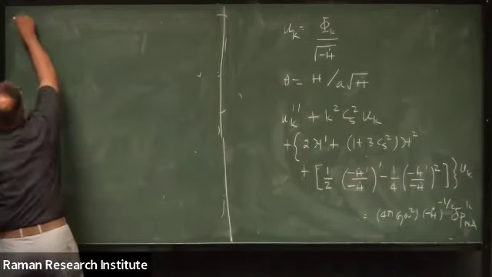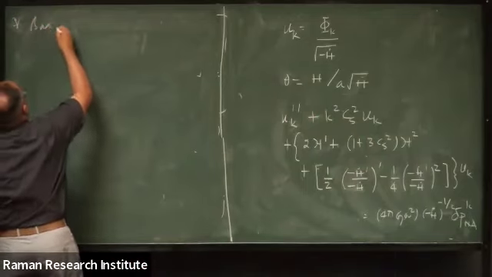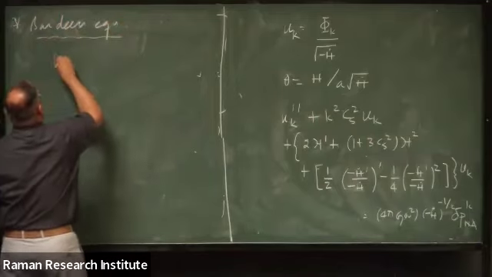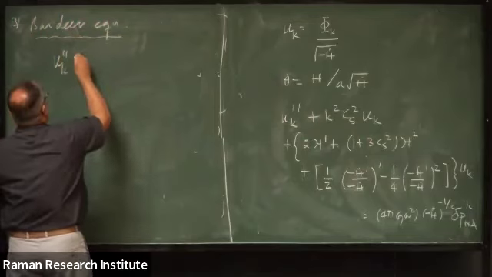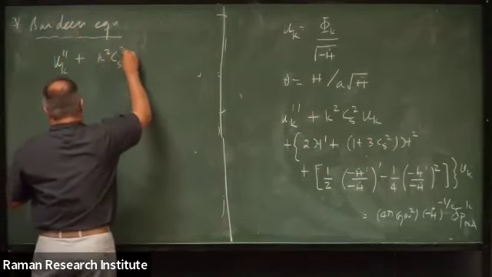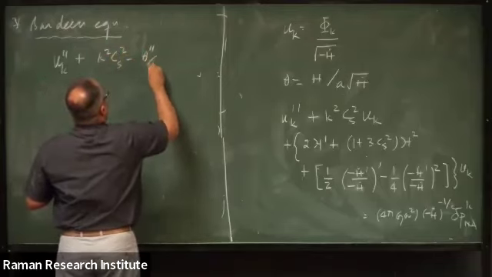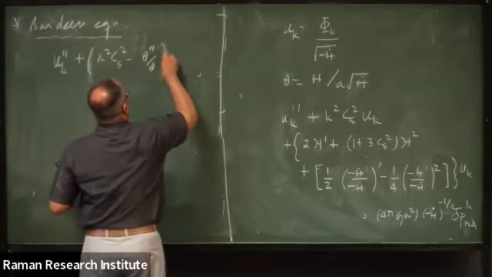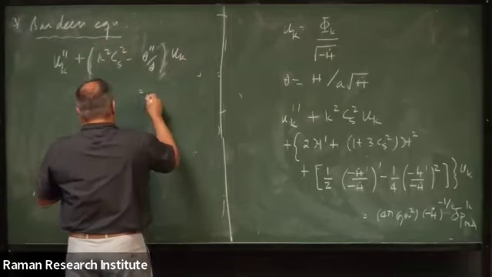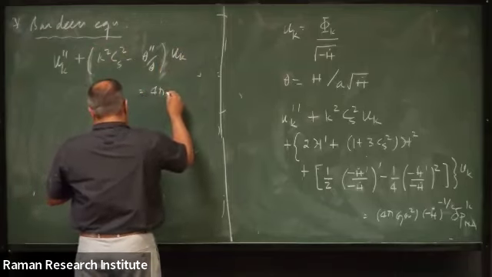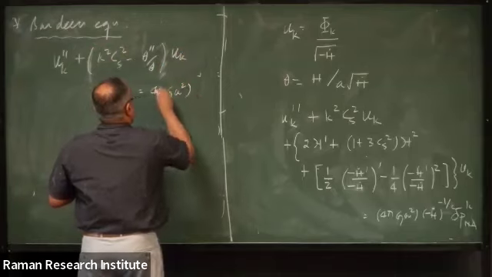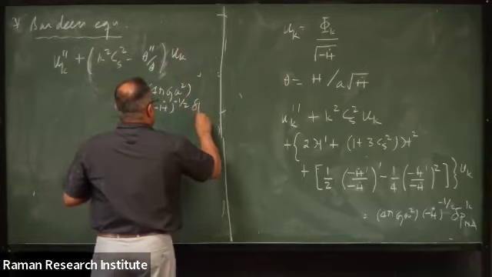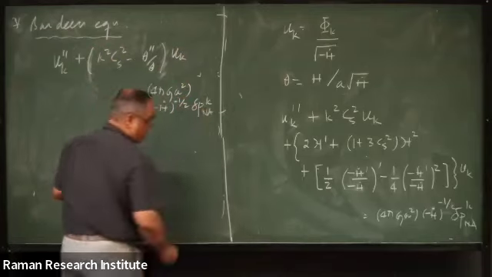So this is the Bardeen equation: U_K double prime plus K squared C_S squared minus theta double prime by theta, U_K equal to 4 pi G, right hand side, A squared over root minus H dot, times minus half delta P NA. Okay, here's what we obtain.